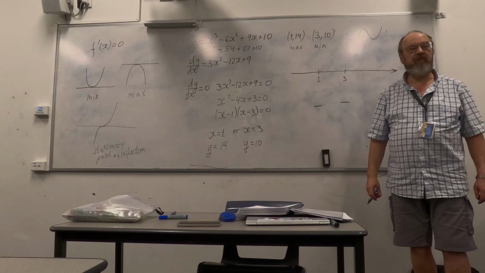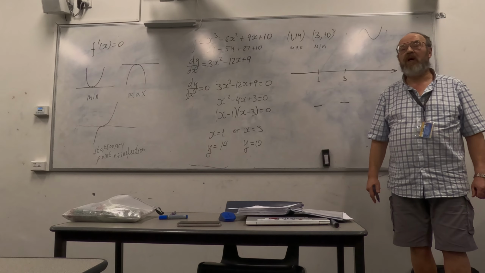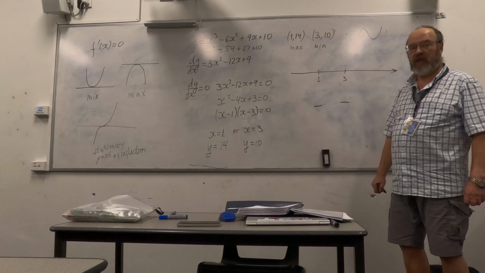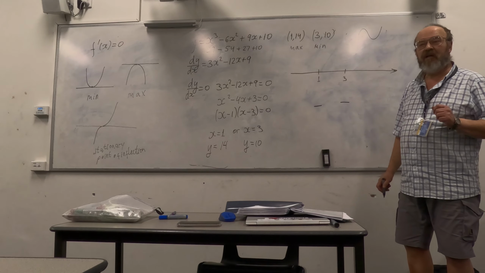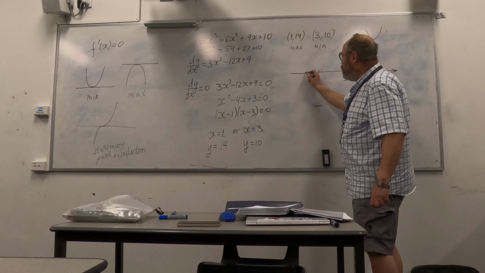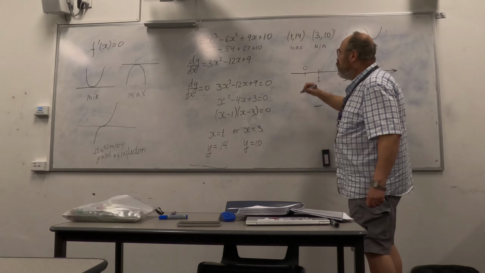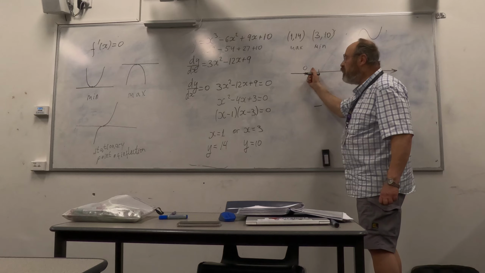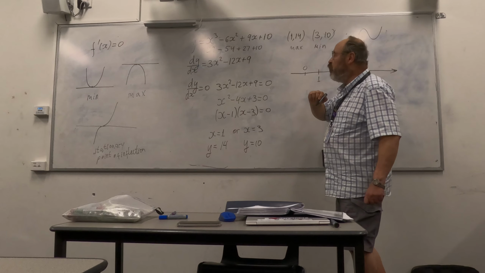Now we take one point to the left of 1 and find the sign of the derivative at that point. The easiest is 0. We substitute 0 into the expression for the derivative.